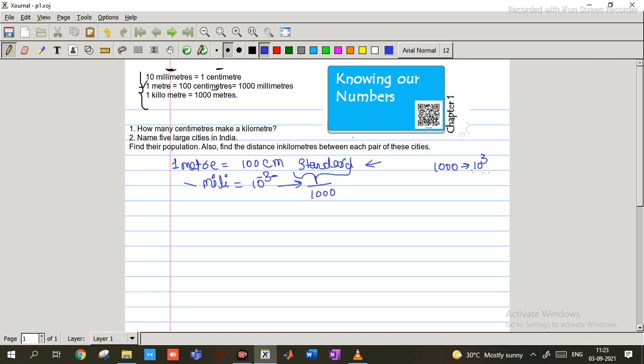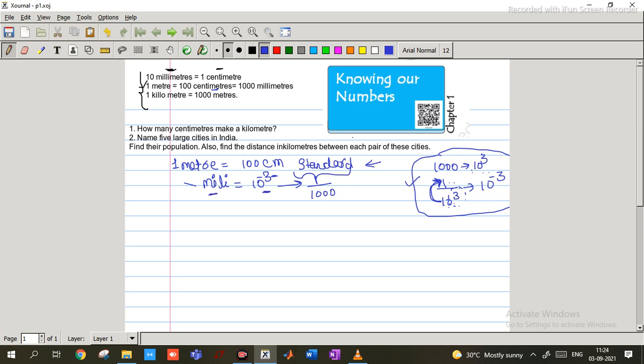So 1 by 1000 means 1 by 10 raised to 3. When I take it upside down, the positive power becomes negative. When I take something from denominator to numerator, the power of that number converts into a negative number. It will be good if you remember this, but as you are in 6th class, it might not be needed at this point of time. Just remember that milli represents 10 raised to minus 3.